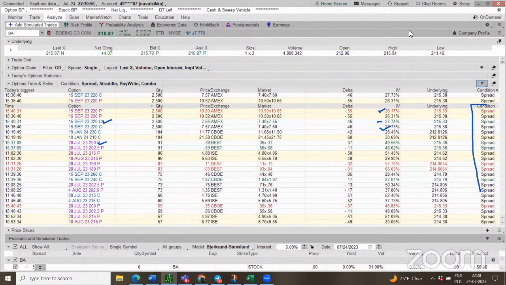For example, I posted about Boeing spreads today. You can check right here that there is a Boeing 250 put which was sold, and this was a part of that spread, and then there's a 220 call which was bought. So 755 calls were bought. Again, it's a spread which was bought.